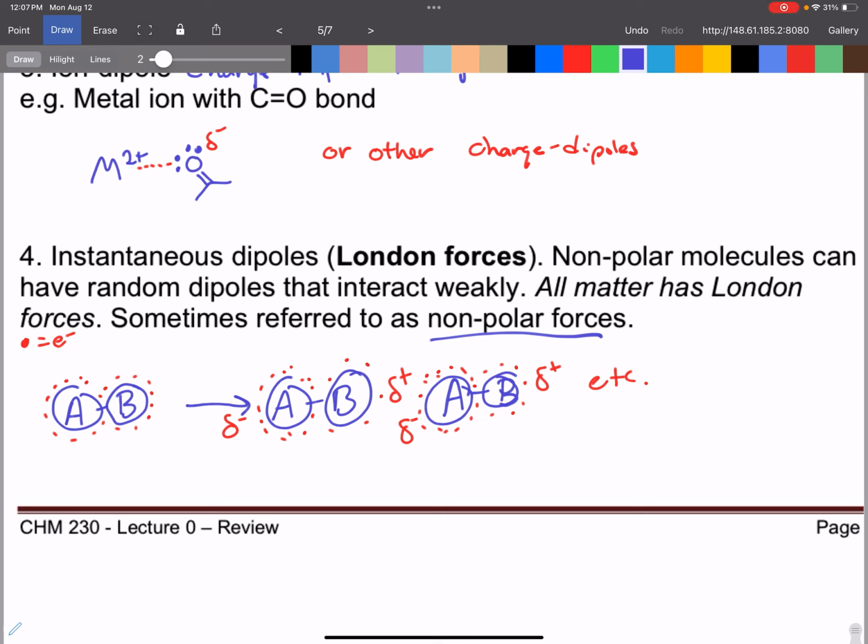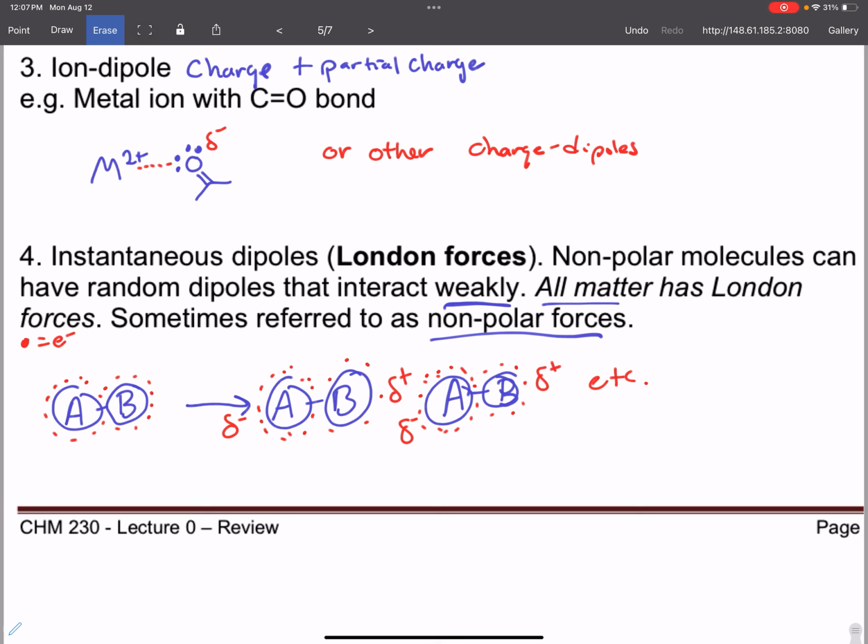London forces, or nonpolar forces, this interaction is pretty weak. However, it's present in all matter. All matter has this polarizability to it, and so it becomes important. It especially becomes important when molecules are bigger, because the bigger they are, the more polarizable they are, the more impact the London forces will have.